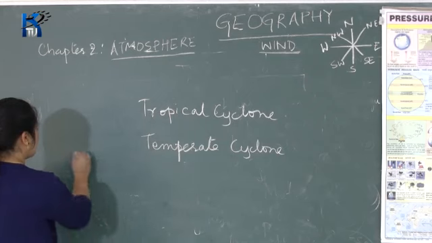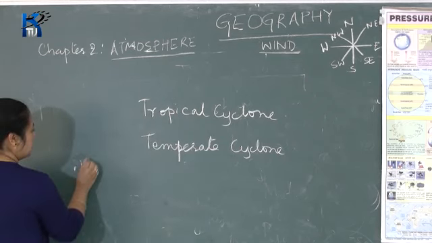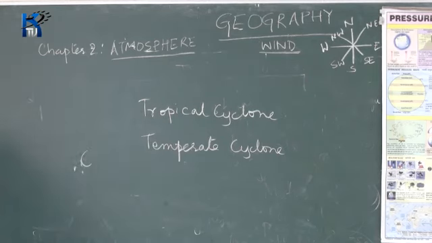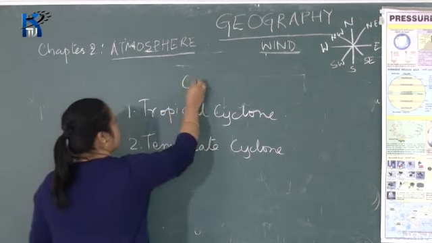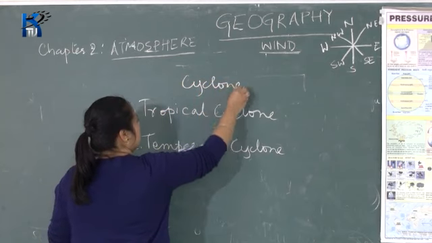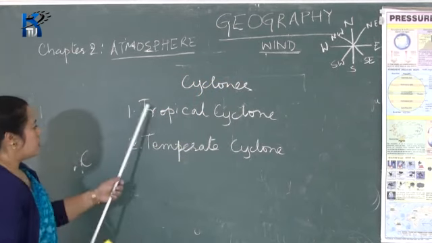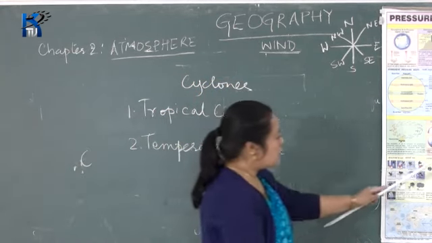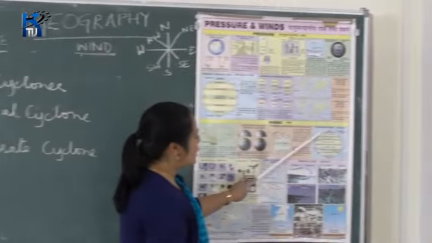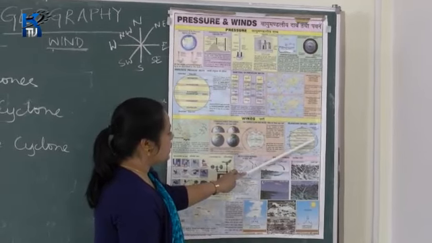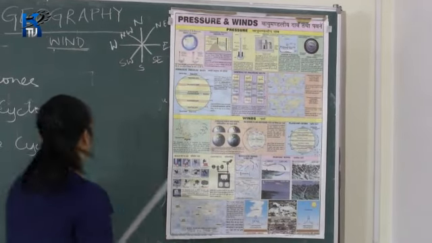These are the two types of cyclones. Tropical cyclones form in the convergence zone between the Hadley cell and Ferrel cell, and temperate cyclones in the convergence zone between the Ferrel cell and polar cell.